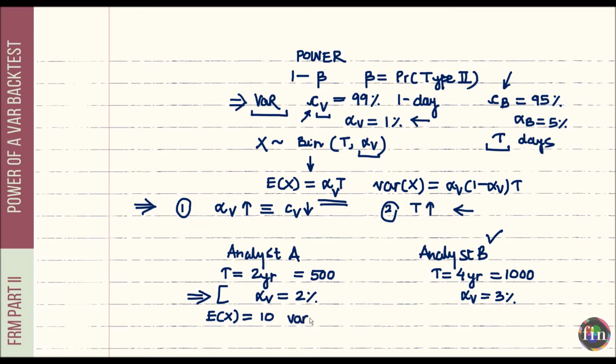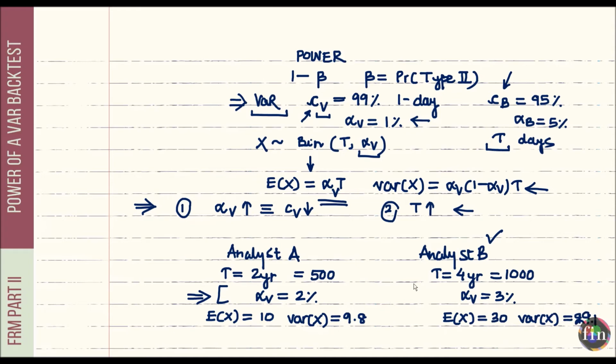And he would end up with a variance of the number of exceptions, just follow this formula, of 9.8, okay? On the other hand, analyst B ends up with the number of exceptions being 30 and the variance of the number of exceptions being 29.1. Okay, so this is where the two analysts stand.